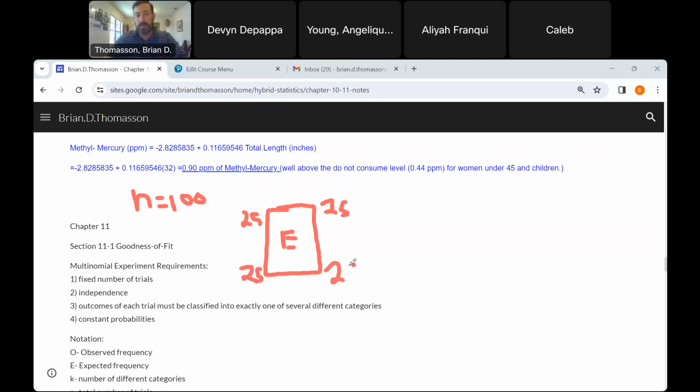Now, say one week we actually kept track of this to see if that was actually true. So we observe what happens. Maybe at the front left, we had 40 flats. And then the front right, maybe we had 41. And maybe we had 9 in the back left and 10 in the back right.